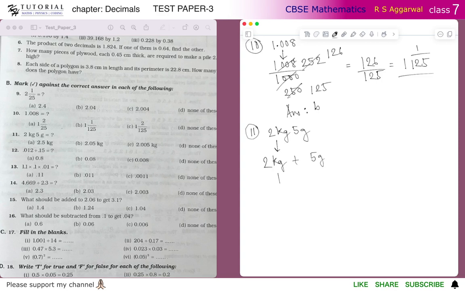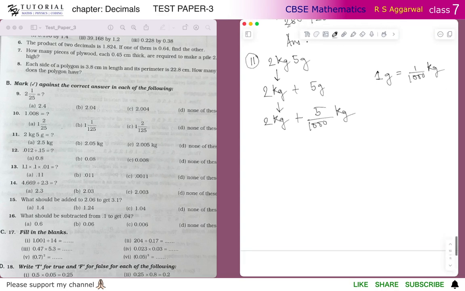Now this is 2 kilogram plus, we know that 1 gram equals 1 by 1000 kilogram. So 5 gram becomes 5 by 1000 kilogram.